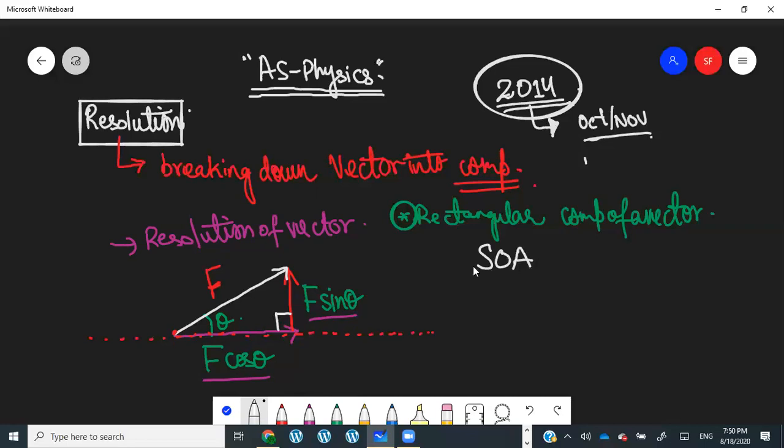So sine is equal to opposite upon hypotenuse, cos is equal to adjacent upon hypotenuse, and tan is equal to opposite upon adjacent. Remember, these are the three trigonometric ratios. We can use them to get these expressions of the vector. Is this clear? Okay.